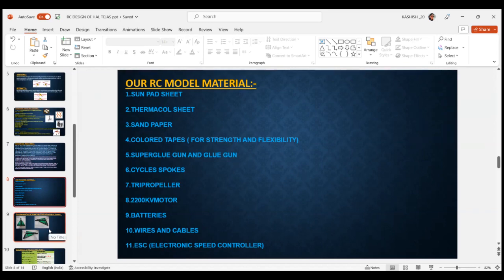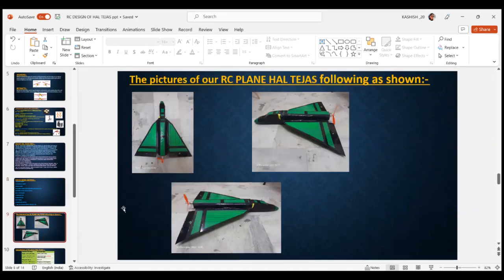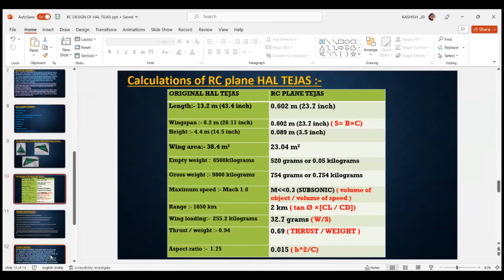Now, calculations of the RC plane HAL Tejas. First, the original HAL Tejas length is 13.2 meters and the RC plane Tejas is 0.602 meter. Wingspan is 8.2 meters and the RC plane Tejas is 0.602 meter. Height of the original HAL Tejas is 4.4 meters and the RC plane Tejas is 0.089 meters.